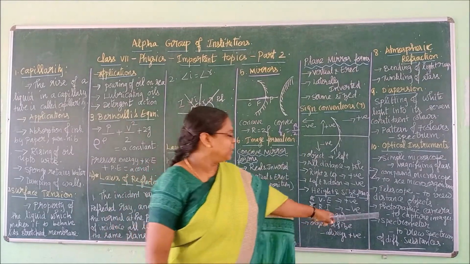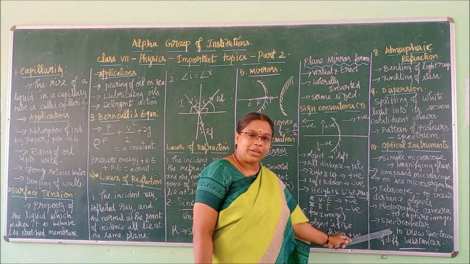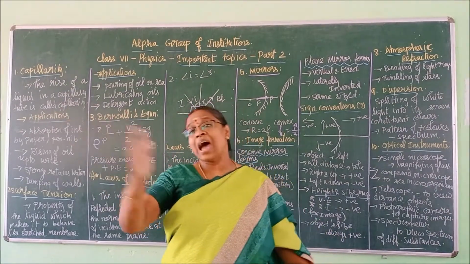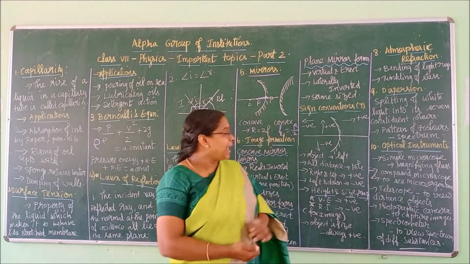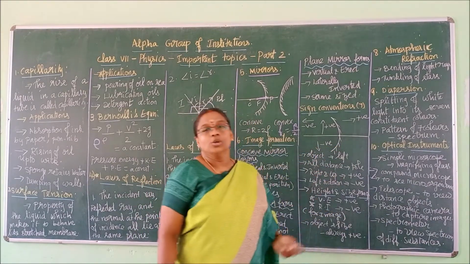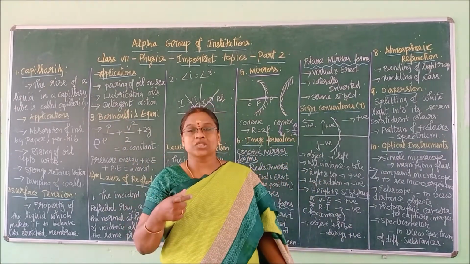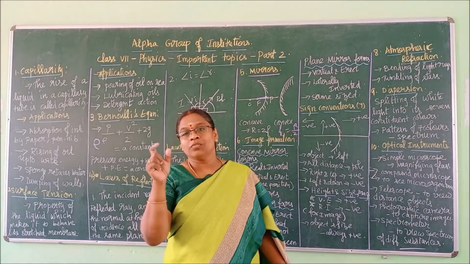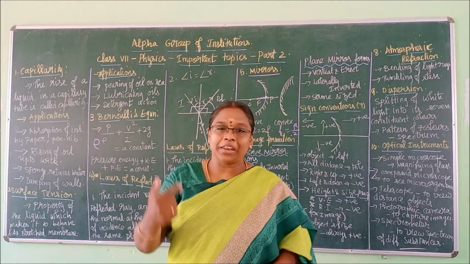Next, we have one instrument called the spectrometer. This instrument's picture is there in the last few pages of your book. I have told you about the spectrum. Every substance, when sunlight is passed through it, will give out some spectrum, but the order and the length of the spectrum will vary.